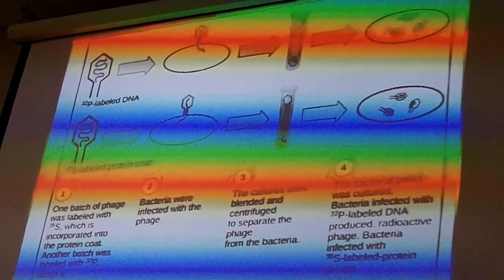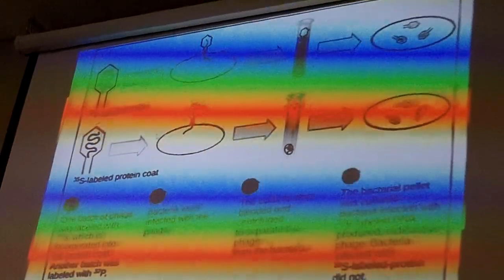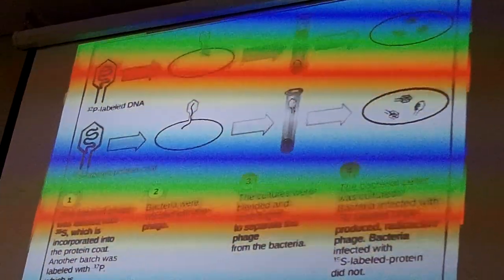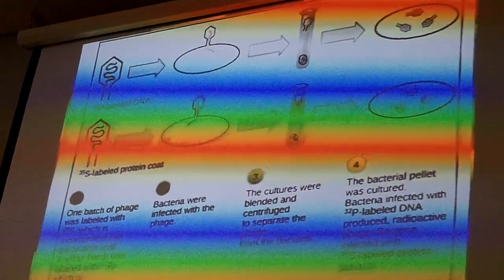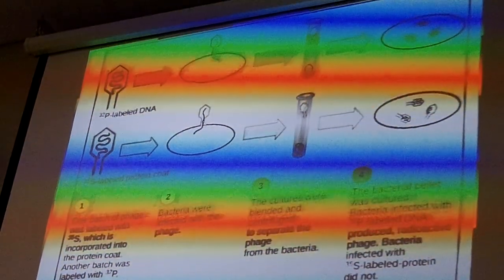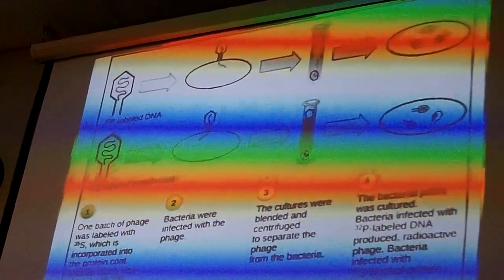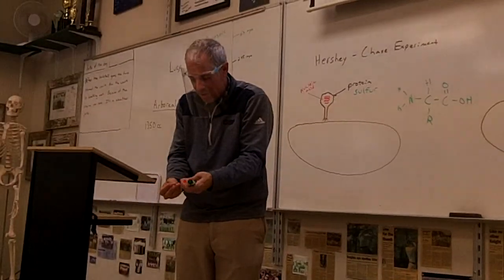And the same thing right here. When they infected cells with radioactively labeled protein, and then they spun them up in a centrifuge, these cells didn't glow radioactive because the radioactive protein stayed on the outside of the cells. You see, this stuff is too small to see. You can't actually see viruses, even with microscopes.